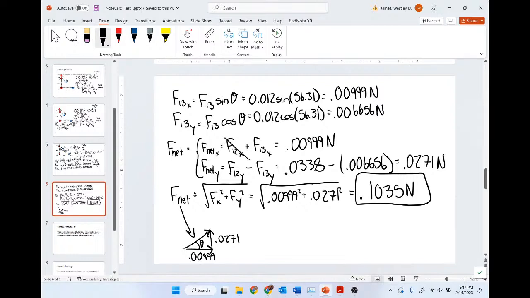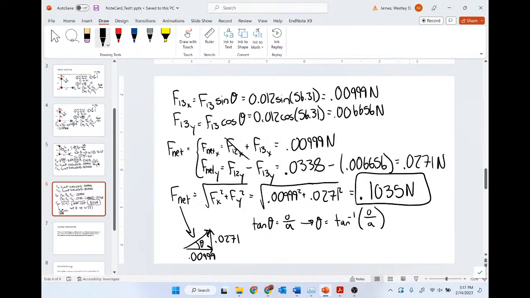SOHCAHTOA, y'all. Pick whichever one you want. Sine, cosine, tangent, who cares? I prefer to use tangent. Tangent theta equals opposite over adjacent, so you don't need the net force for this. You can just use the ones you already have. So theta equals tangent inverse of opposite over adjacent. If we look at my angle here, what's my opposite one?